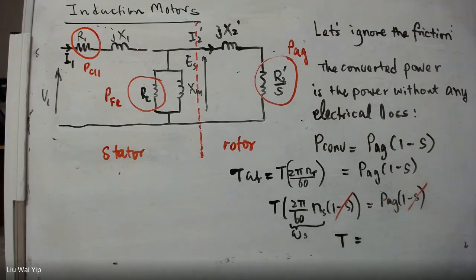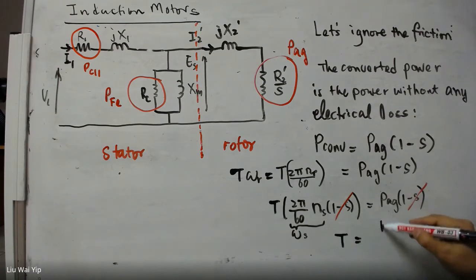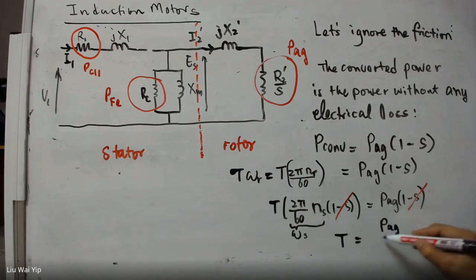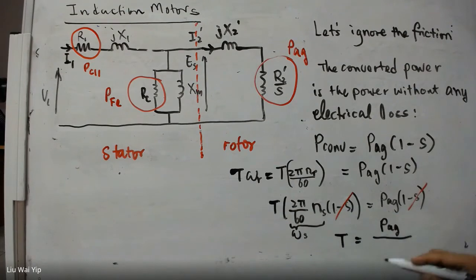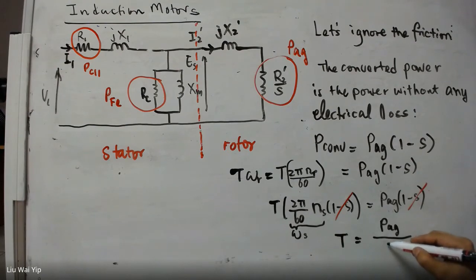And then the torque here is going to be P_AG divided by omega_s, the synchronous speed, the speed of the rotating magnetic field. So this is the torque.